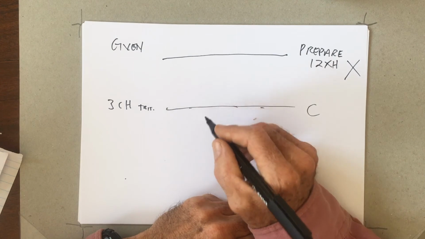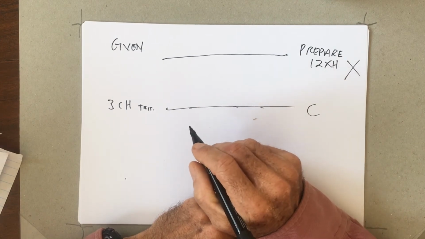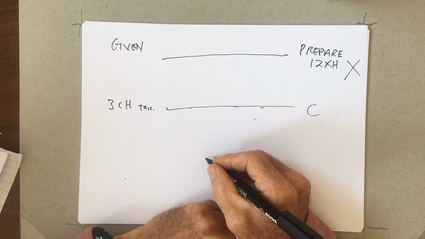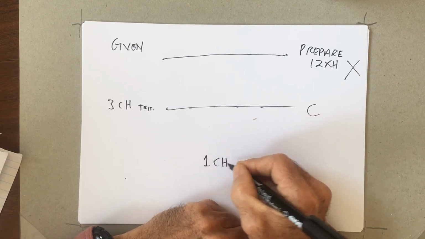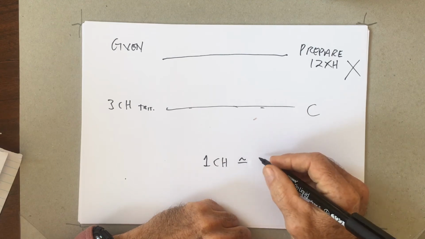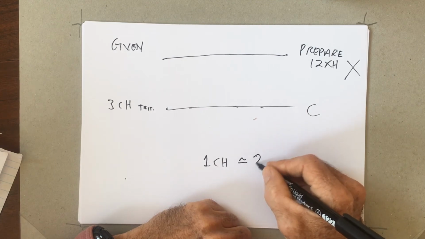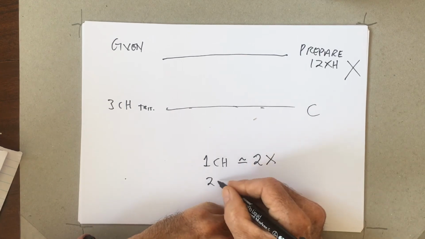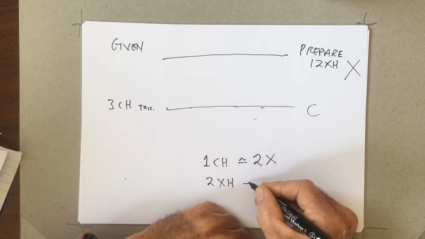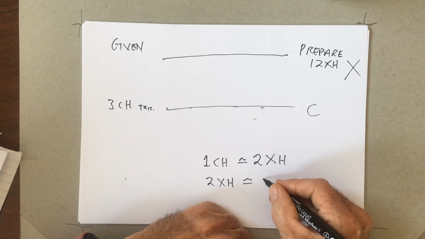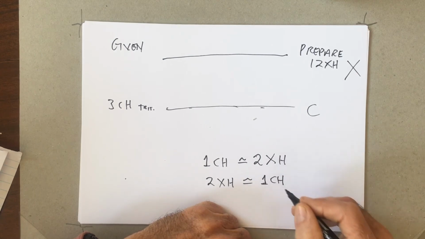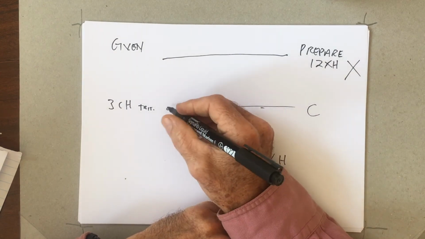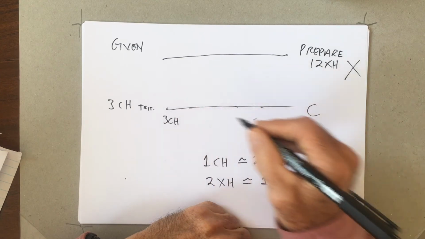So to do these bridges between the X and the C scale, the main thing that we need to know is that 1CH is equivalent in deconcentration terms to 2X. And we could put it the other way around as well. 2XH is equivalent to 1CH. So our starting point over here is this 3CH.